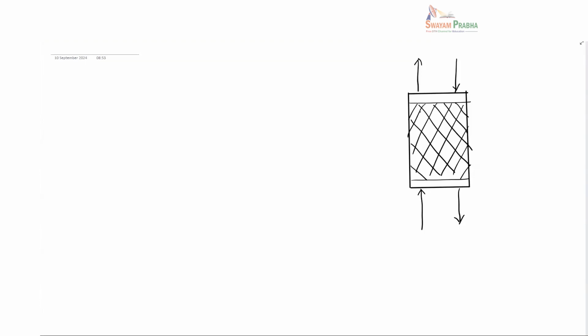I'm going to use the same kind of notation we used in the packed column design, meaning the Y1s are here, Y2s are here. For the tray column we had something different: on the top you would say Y1, X naught, at the bottom you would say Yn plus 1, Xn. But here it's a packed column. I will use suffix 1 for the bottom and suffix 2 for the top.